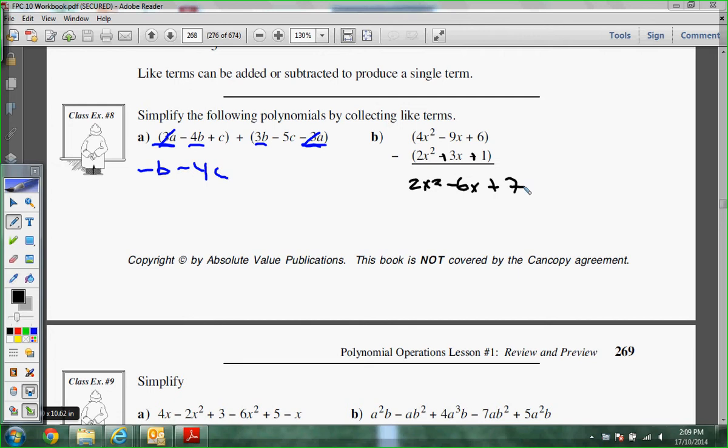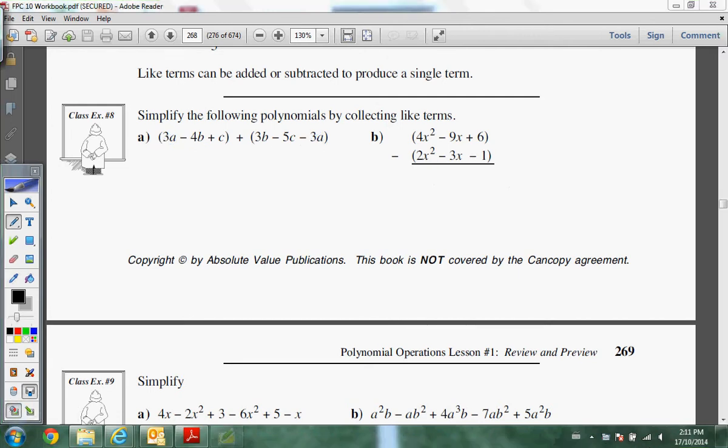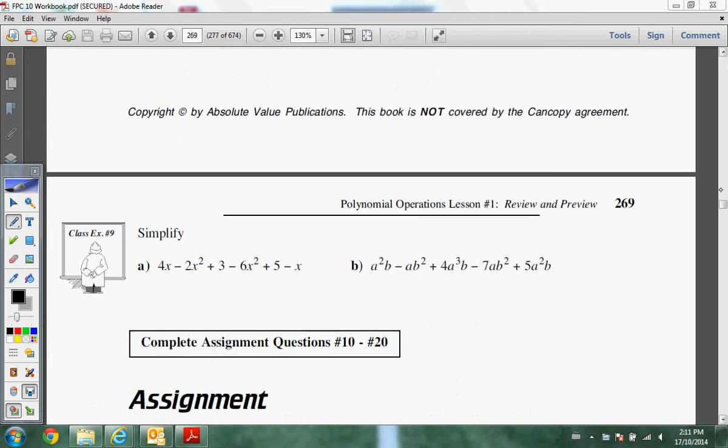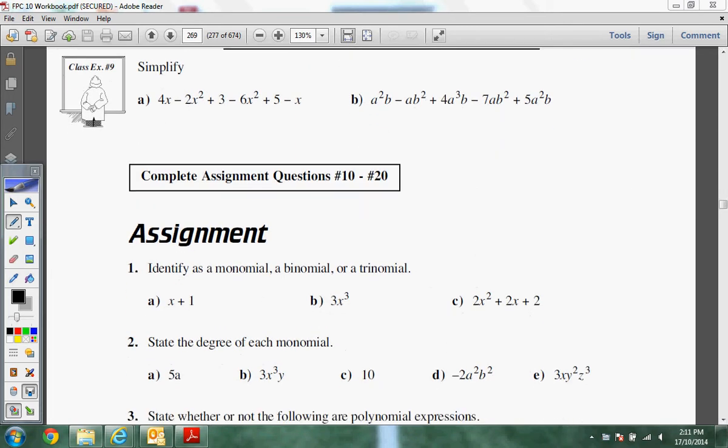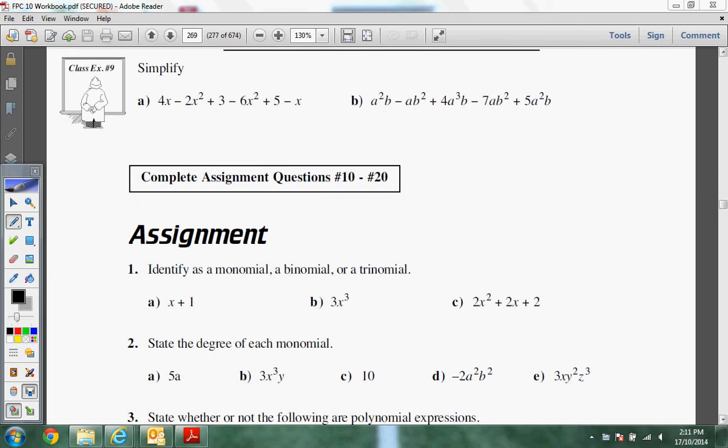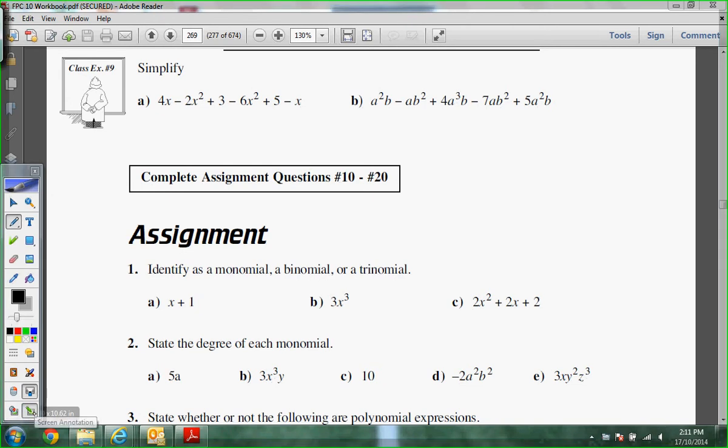All right, last two. The key here is it's good to use a highlighter to highlight your like terms. So I have 4x, negative x, that makes 3x.